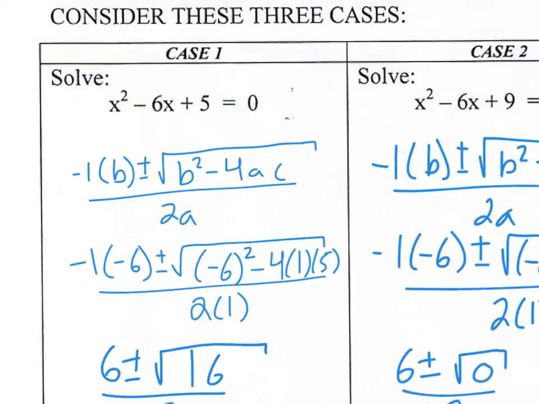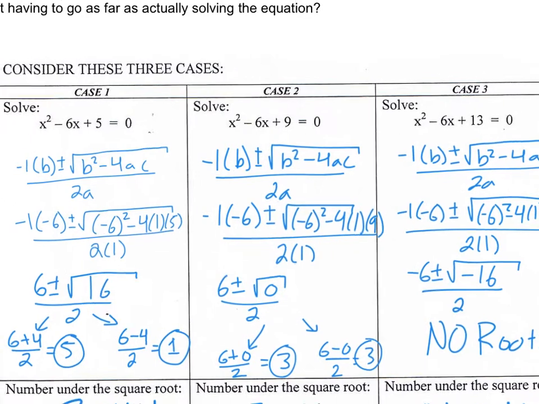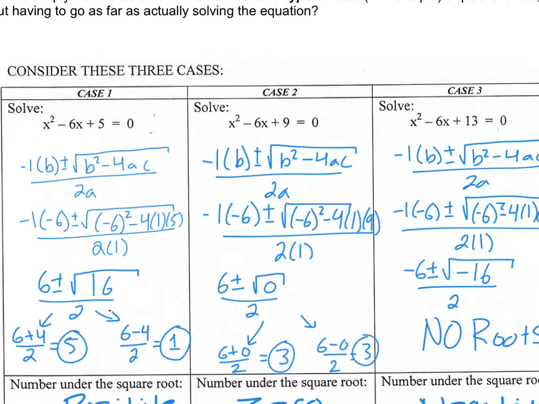If we look at this investigation, the only value really changing across all three examples is the c value: this positive 5, this positive 9, and this positive 13. The a value of 1 stays the same, and the b value of negative 6 stays the same across these three examples.